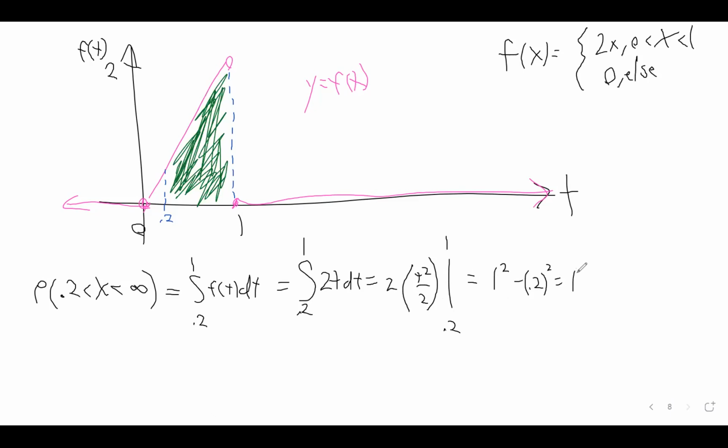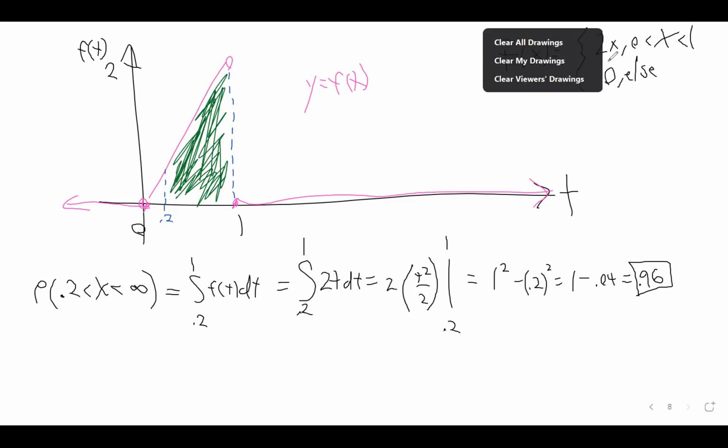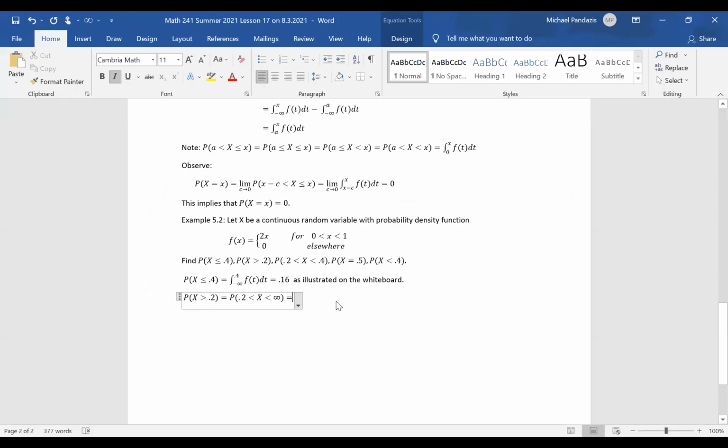That's equal to 1 minus 0.04, and that's equal to 0.96. Okay, so you get 0.96, as illustrated on the whiteboard.